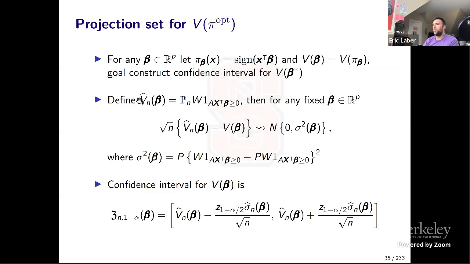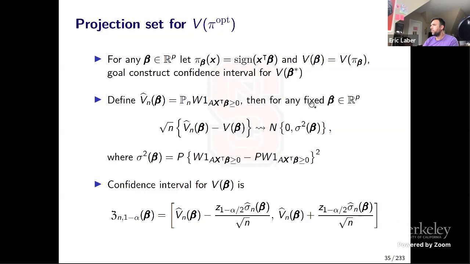So let's define V hat of beta to just be the empirical analog. So it's just Pn of W times the indicator A times X transpose beta is greater than 0. So here I've used the fact that A is coded -1, 1, so that this is the same as A equals sign of x transpose beta, of course, and that's the rule. So it's also the indicator that A equals pi beta of x. Same thing here.